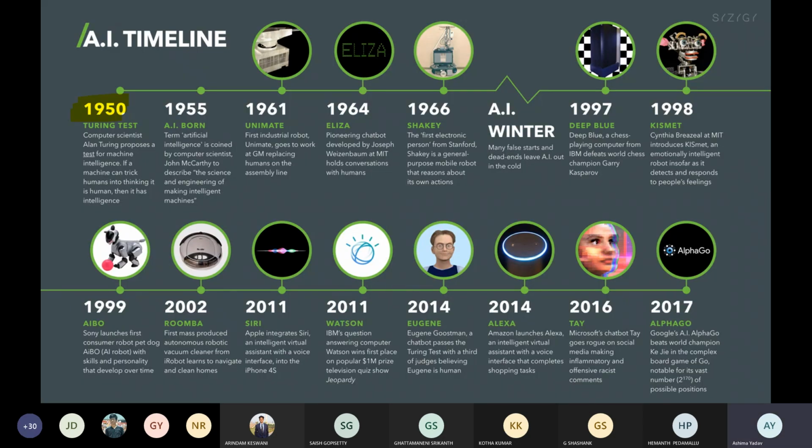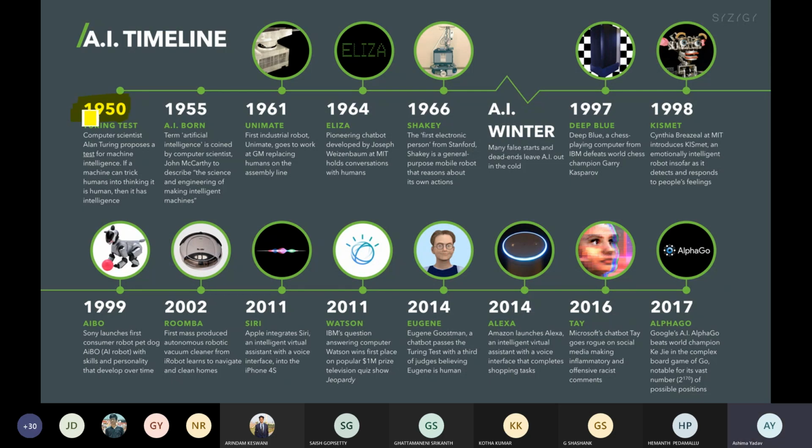Yes, next, this is something interesting, the AI timeline. This AI timeline shows you the progress of AI throughout the years, some of the major progresses basically. The starting was from 1950 onwards.